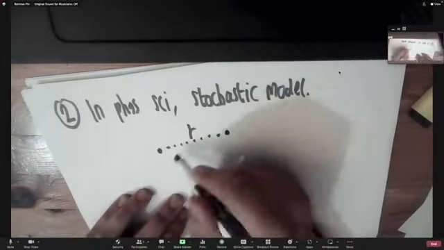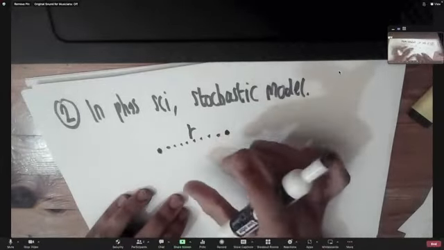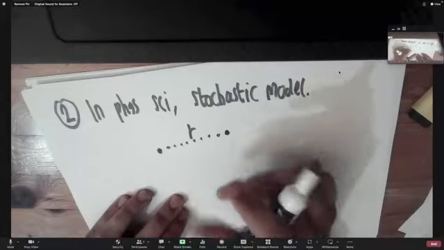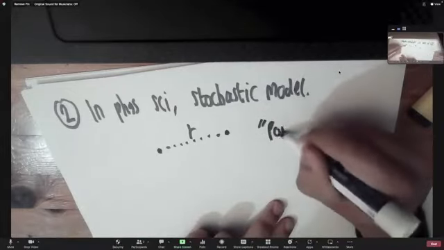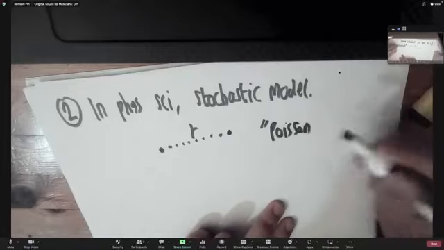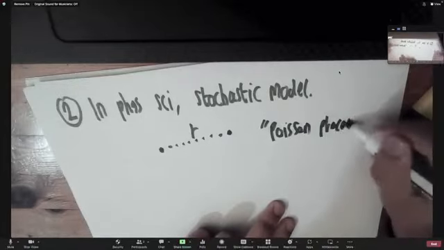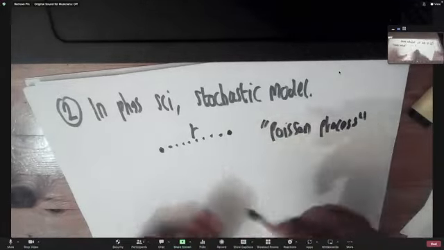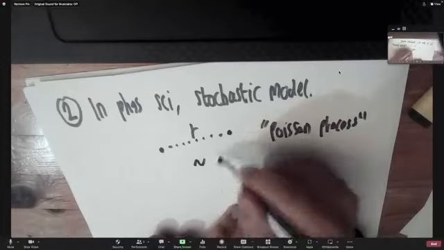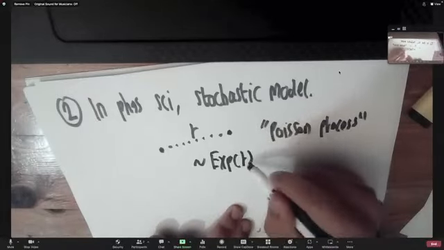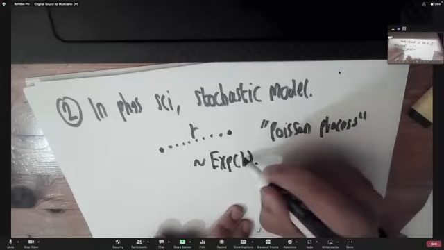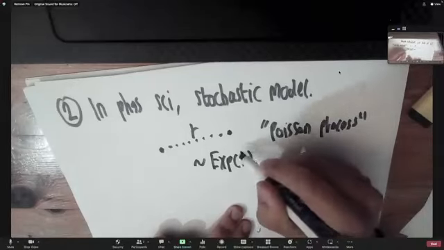For example, in this case, if you have a rate r of interaction, then the times at which they interact, that's called a Poisson process. And if you ask how long am I going to wait until they first interact, that's actually distributed as an exponential distribution with scale r, or maybe 1 over r. I'll have to think about that.